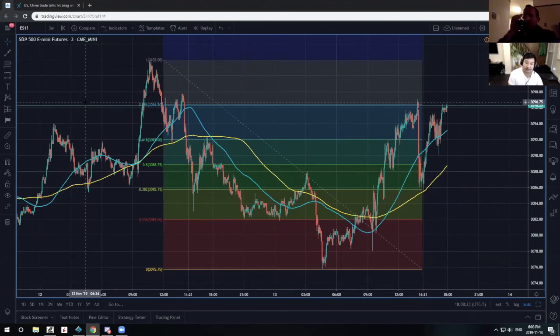Yeah, so this is a great example of how you can use Fibonacci retracements, Fibonacci levels on an intraday basis. So, Danny had some great examples earlier about how to use Fibonacci's from a daily time frame.